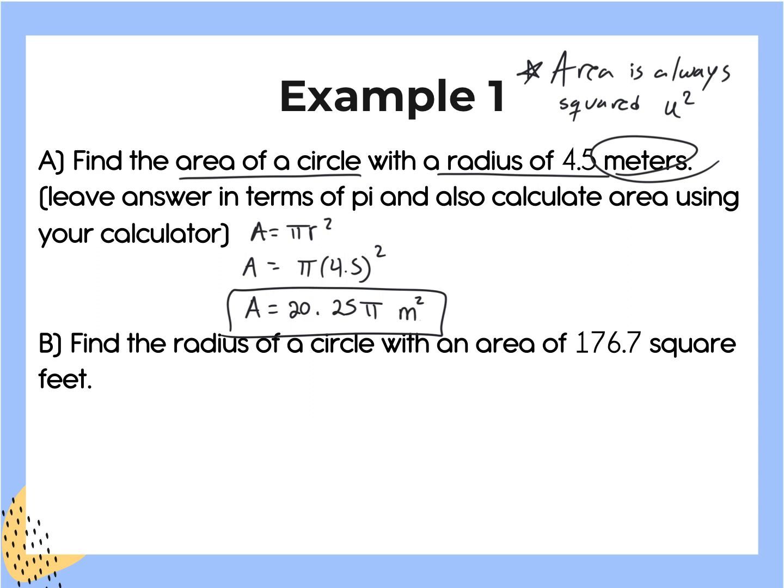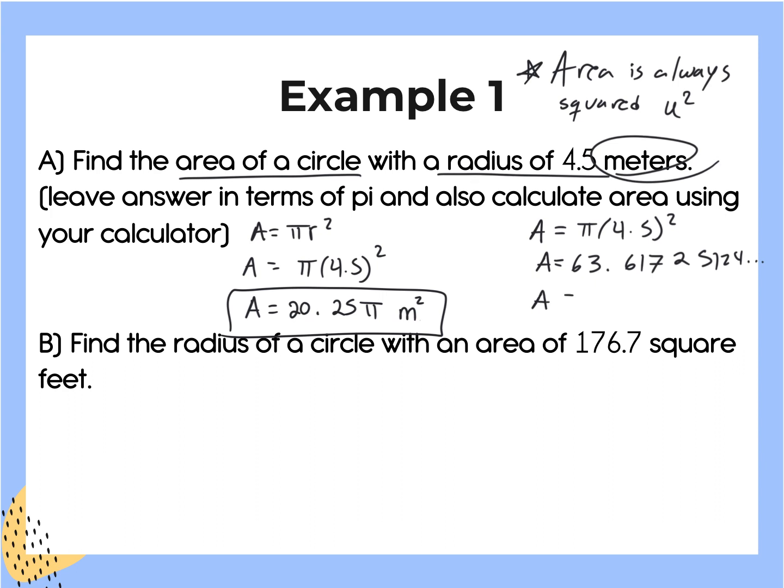And they want us to use a calculator to actually solve for the pi. So plugging it into the calculator, we're going to get pi times 4.5 squared. And after plugging in, I'm going to use the pi button, and I'm going to get a really long number, like 63.61725124, and so on.